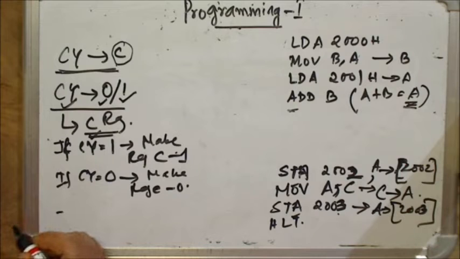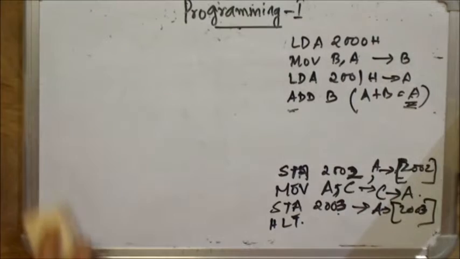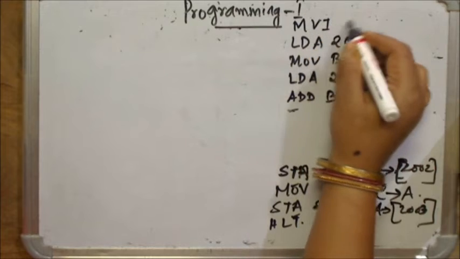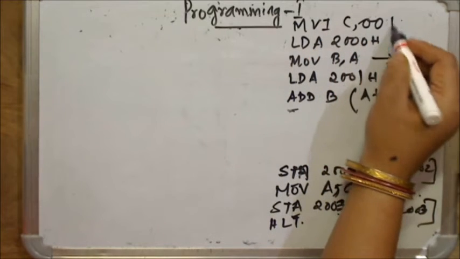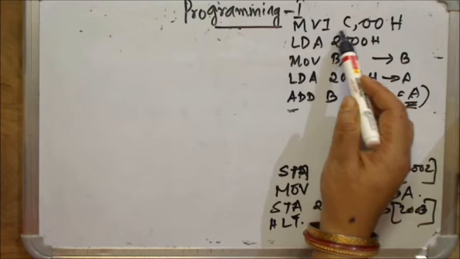Now C register can have only two values, either 0 or 1. Remember, don't try to find out two values. That is stupid programming. Carry can have only one value, either 0 or 1. So MVI C. In the starting of the program, you have to assume that the carry is stored in the C register.